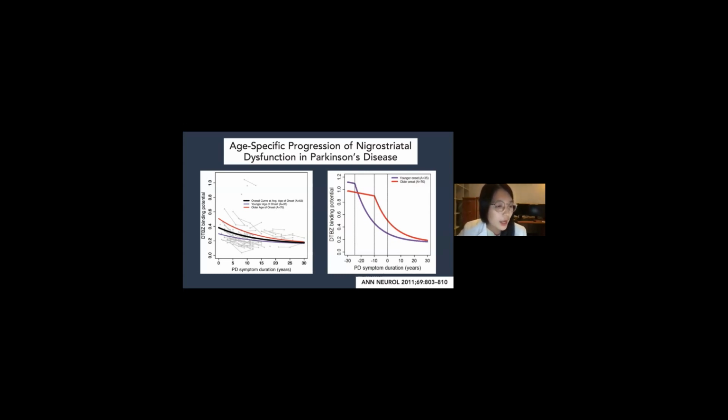Compared to LOPD, EOPD progresses more slowly and is able to endure more damage to the dopaminergic system before the first motor symptoms appear, suggesting EOPD has more efficient compensatory mechanisms.